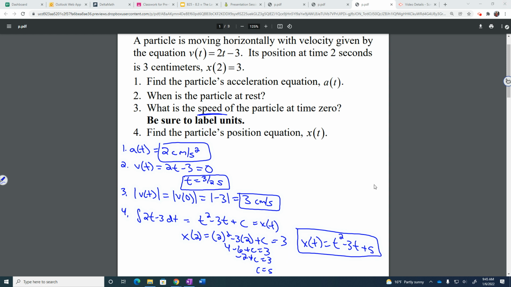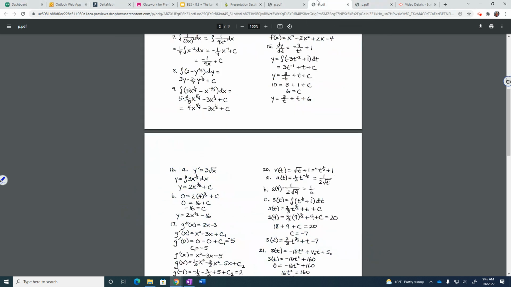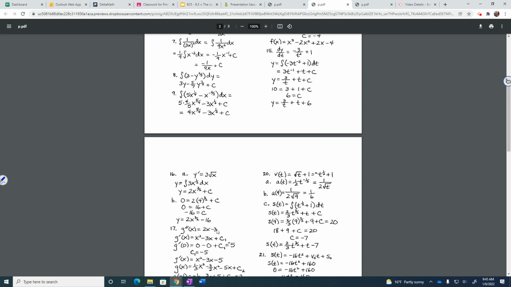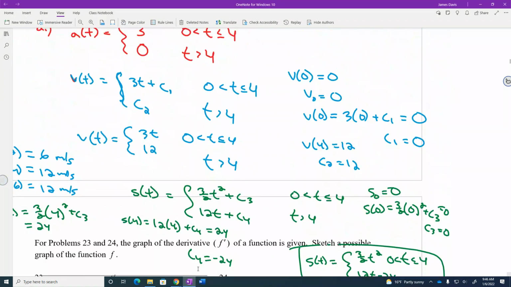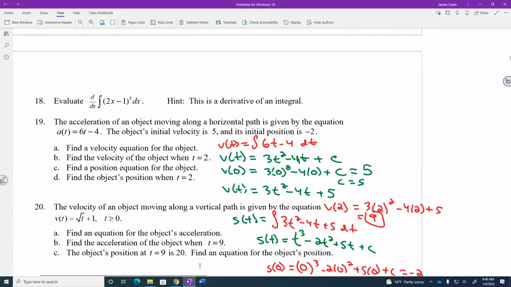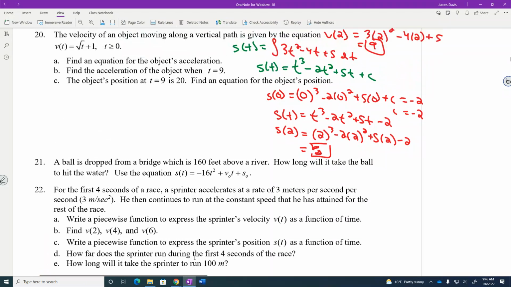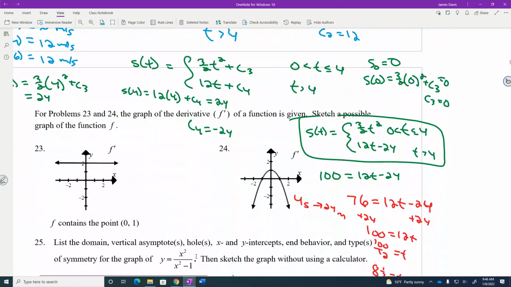We didn't get to check your answers from yesterday, the previous assignment, so if you want to look at those, I think you had to finish off that one section, whatever number it was up to, 22.